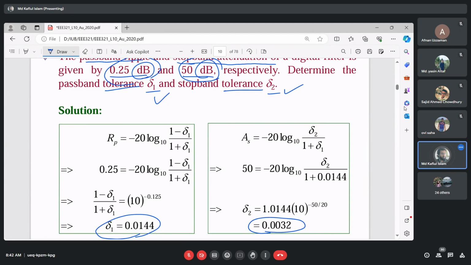For example, if you have a very high value, let's say 10 to the power 5, we can write this as 100 dB. 10 to the power 5 is a very huge value, right? Now, if you have a very low value, like 10 to the power minus 5, very small, we can write this as minus 100 dB.